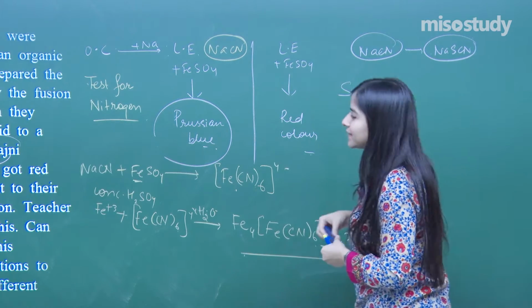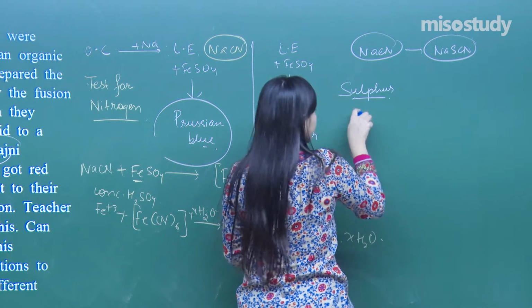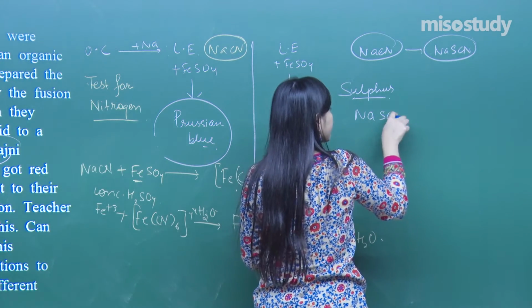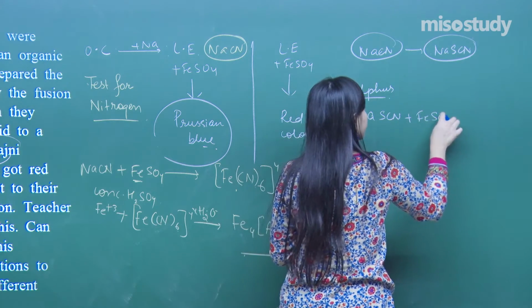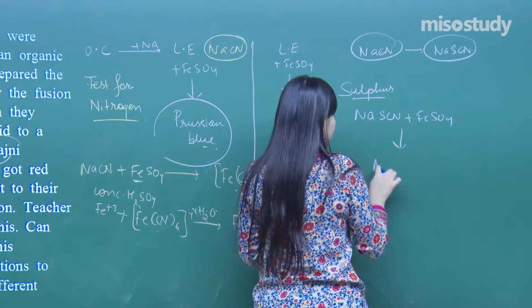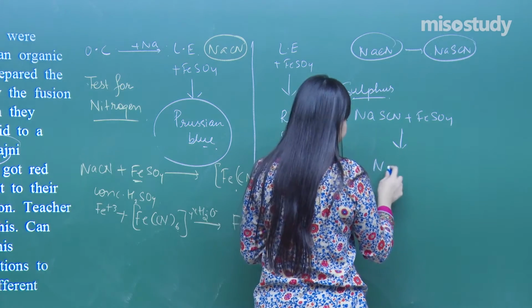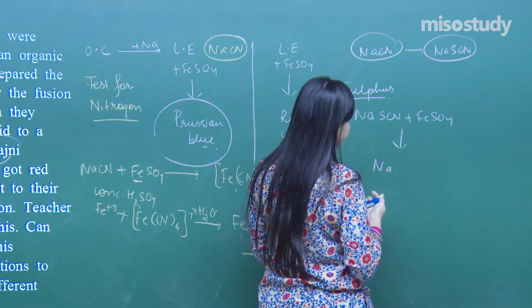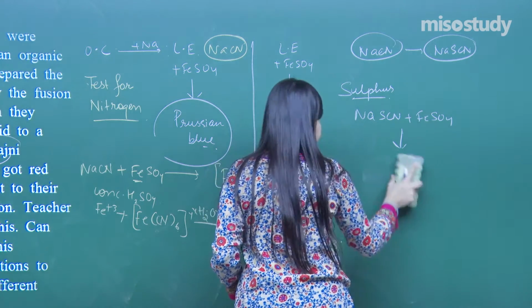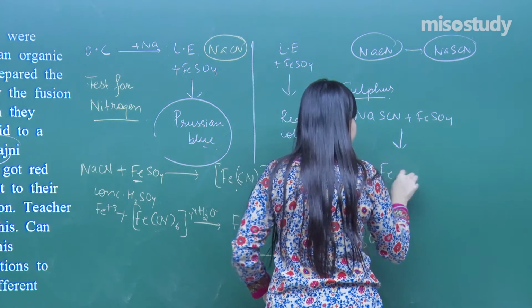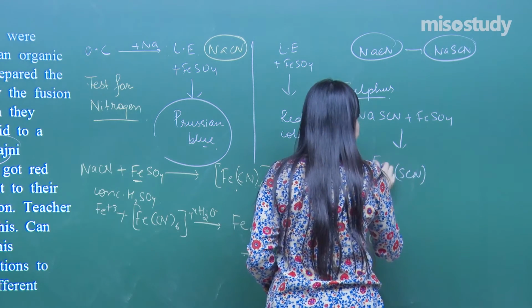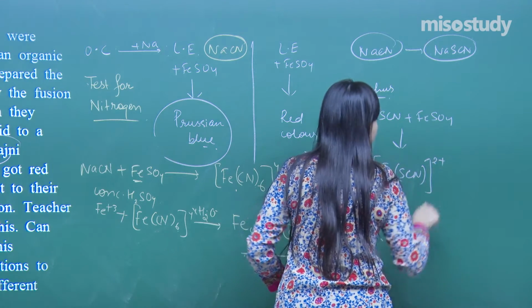Now due to this NaSCN, if we perform the same reaction, making it react with FeSO4, we get [Fe(SCN)]2+.